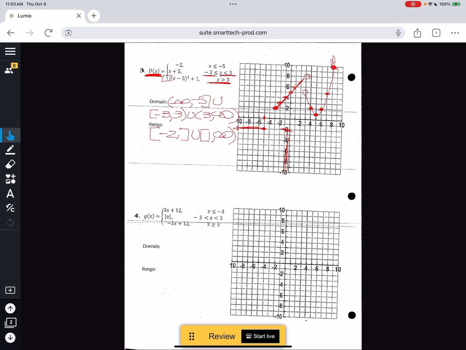X plus 2, X greater than or equal to 3. Enter. Okay. Yours should look something like this.